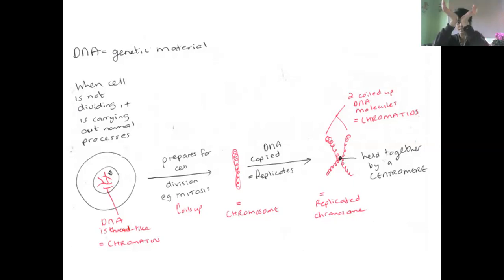Each of those DNA molecules is known as a chromatid. So they're held by the centromere, and this is now a replicated chromosome, and then it's easy for that structure to separate, and each daughter cell will get a copy of the original DNA. But that's going to tie in with cell division later on.